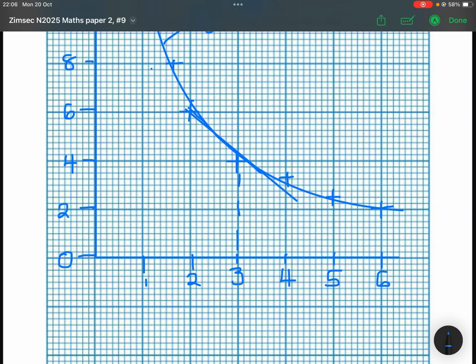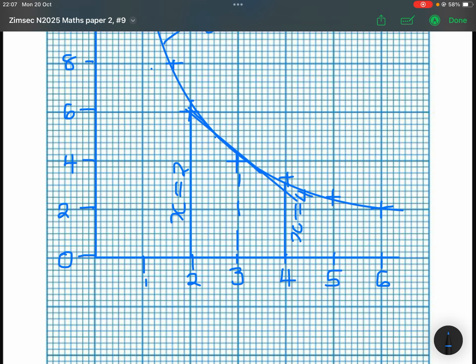So let me show you the region that is being described. So this is our x is equal to 2, right? It is our x is equal to 2, and then our x is equal to 4. It is this one.